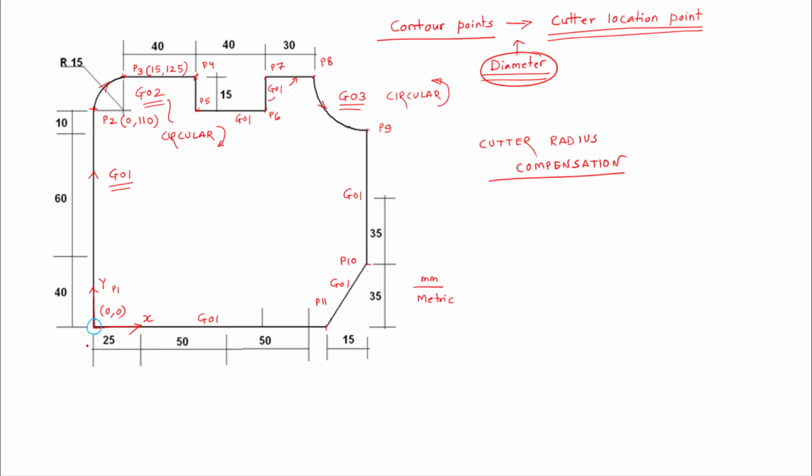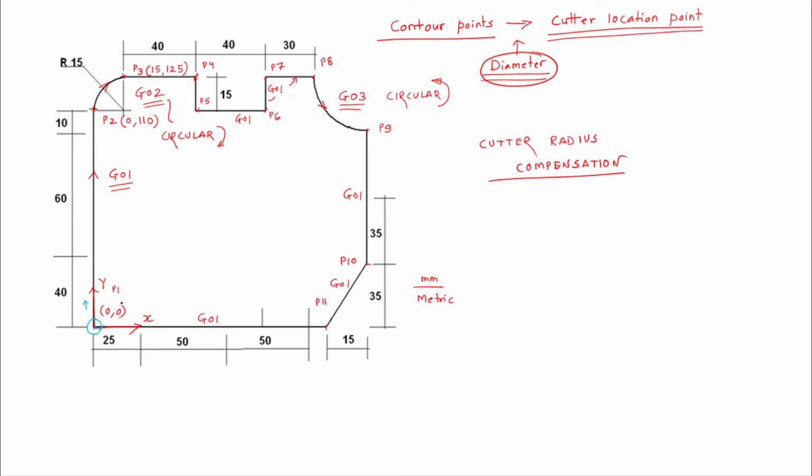As we are asking the tool to move along the contour, it is moving with the center point of the tool at the origin. The center point of the tool will be at the point P1. With the center point only, the tool will move along the tool path. Due to this, there would be overcut of the contour.